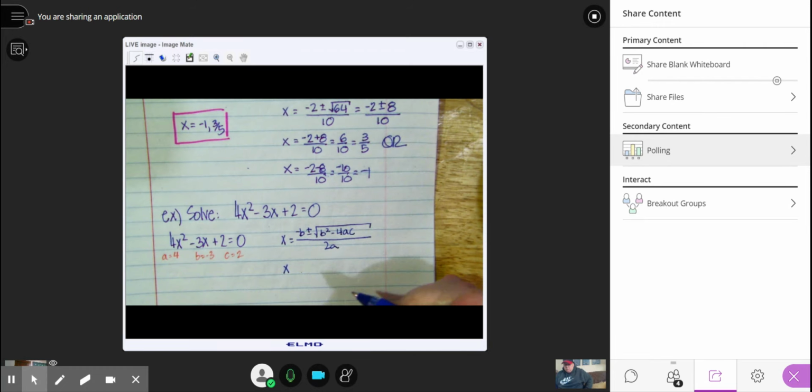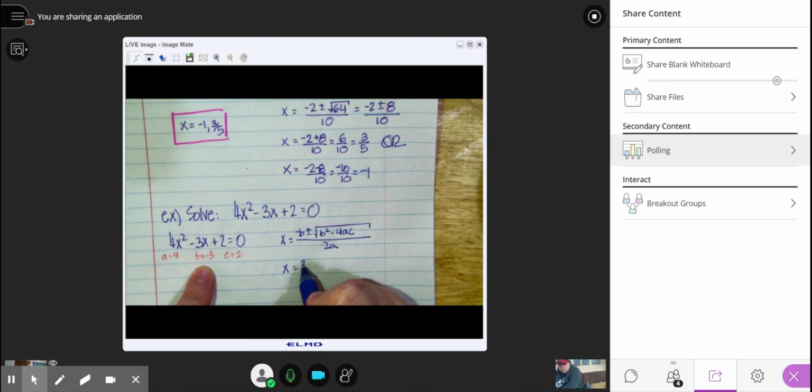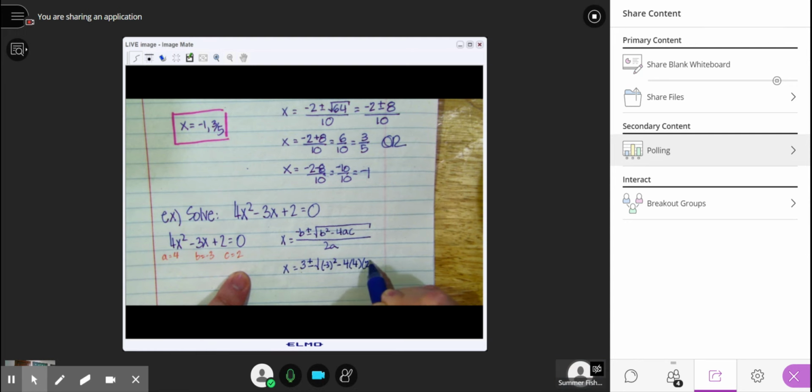You're going to sing this for the next 3 days. All right. So the opposite of negative 3 is 3, plus or minus the square root of negative 3 squared minus 4 times 4 times 2, all over 2 times 4.